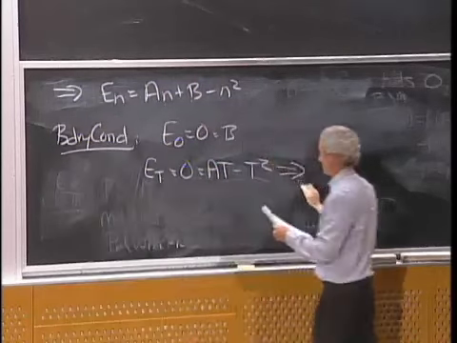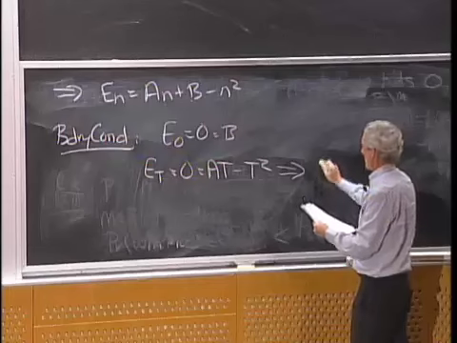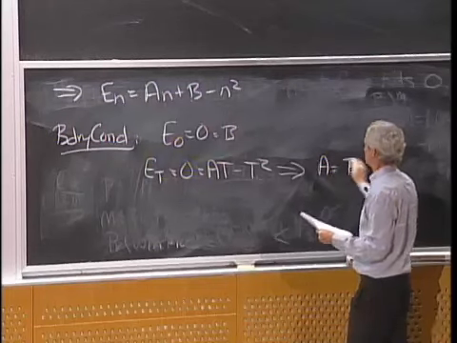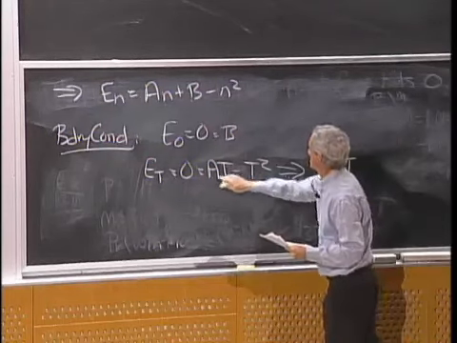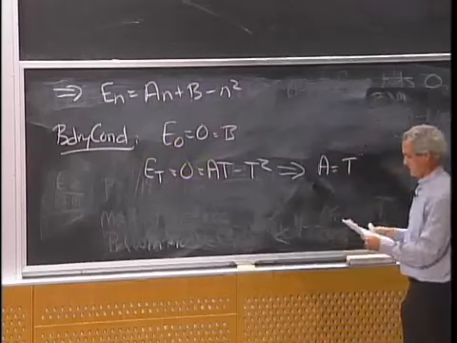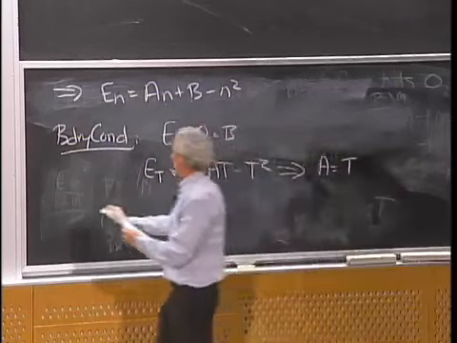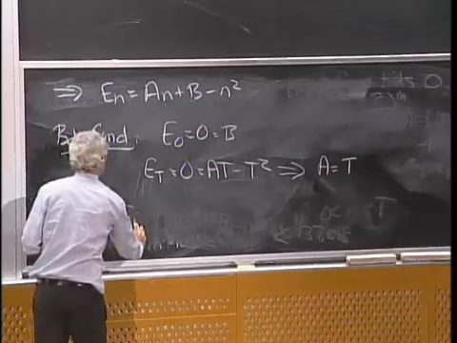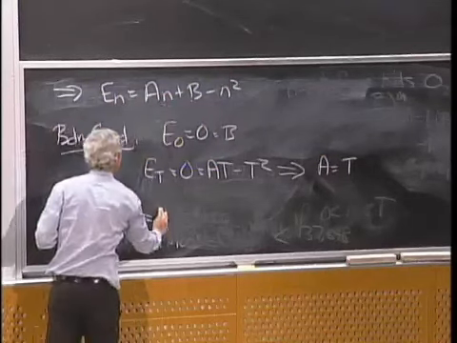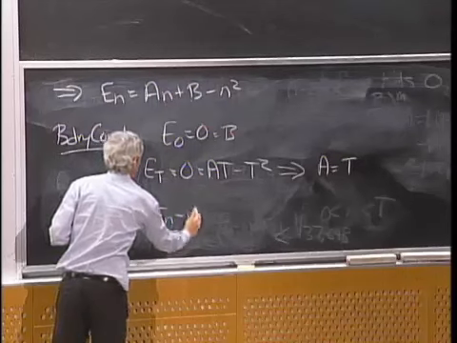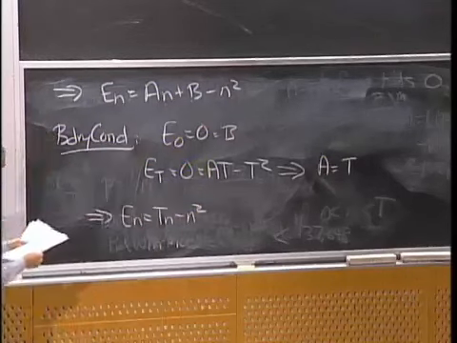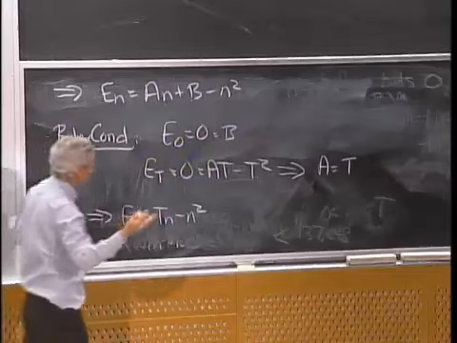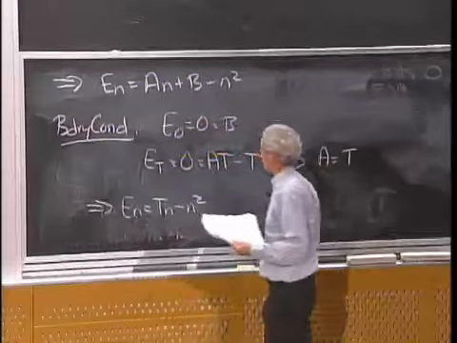That means that a equals t. At squared minus t squared is 0. A has to be t. So that means that E_n is tn minus n squared. Now t, the upper bound, is just n plus m.